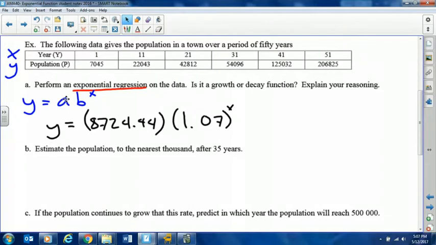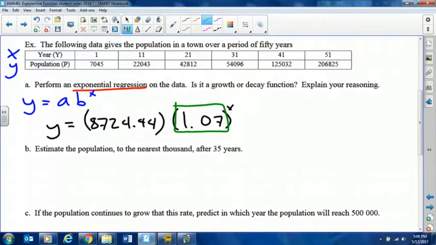Now it's also asking us if it's a growth function or a decay function. To answer this, what we're looking for is our b value. Our b value tells us if it's growth or decay. If it is larger than 1, then we have a growth function. If it is less than 1, it is a decay function.